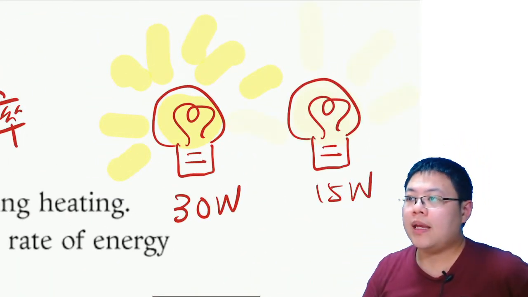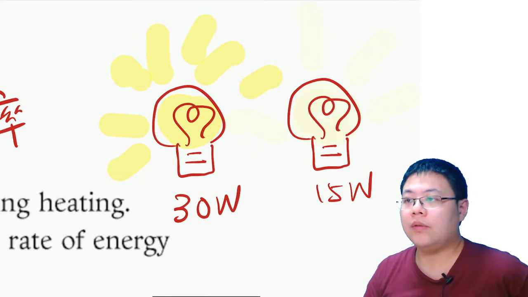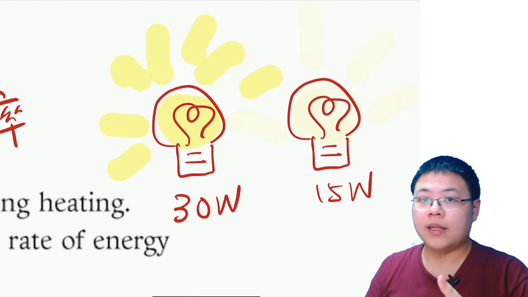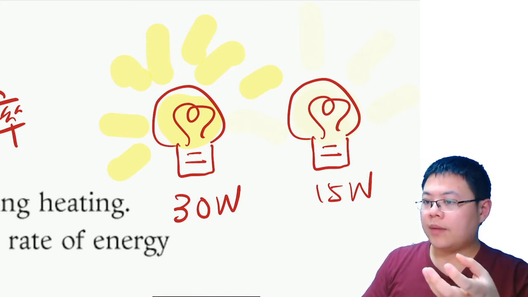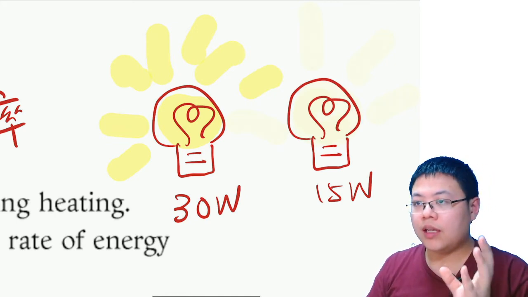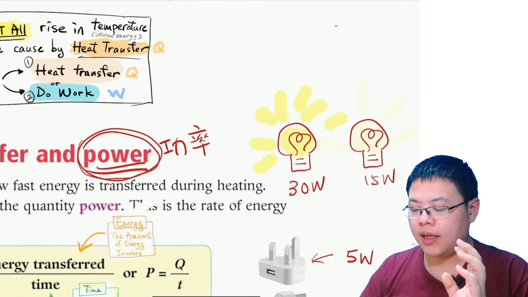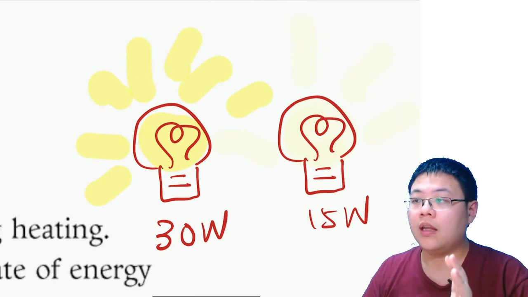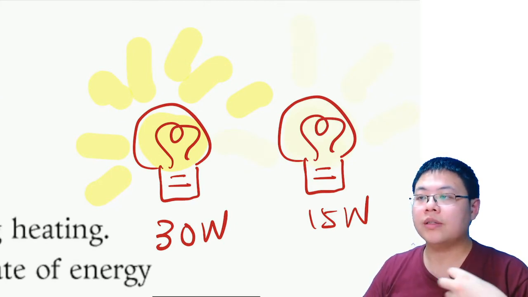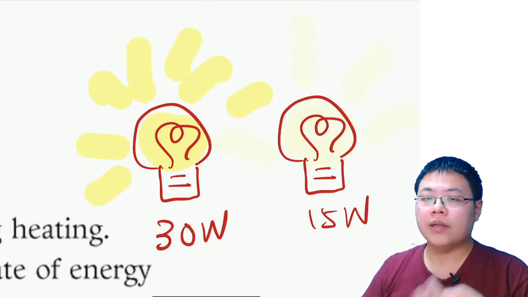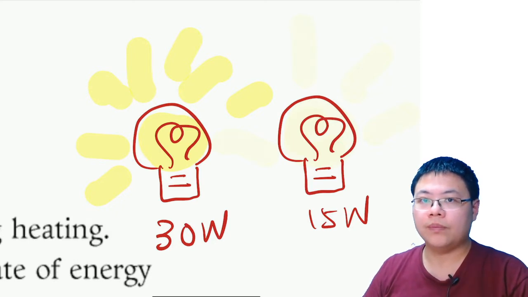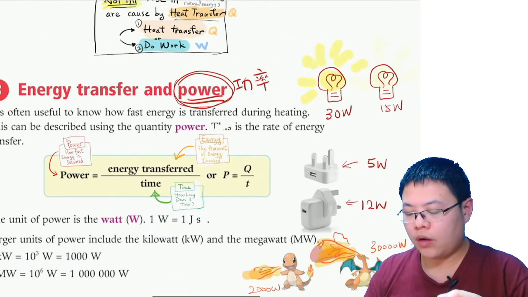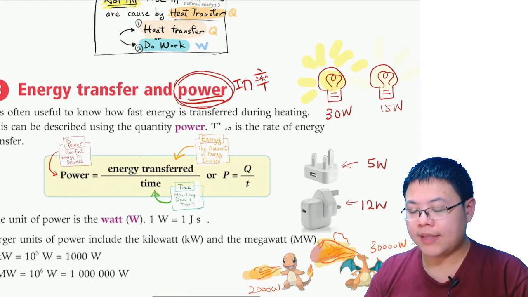Sometimes when you buy a lamp, it will tell you, okay, this is a 30 watt lamp. A 30 watt lamp will be much brighter than a 15 watt lamp because the amount of energy per second is double. It gives out 30 joules of energy in 1 second.